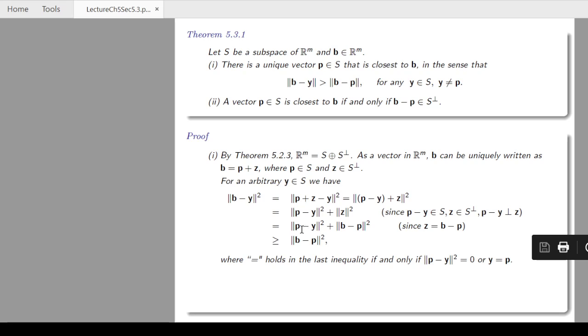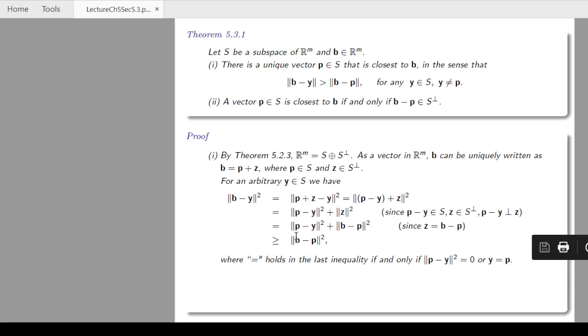For this term equal to 0, that means the distance between p and y equals 0. That equals 0 means y equals p. So in this way, we get the first conclusion in the theorem.